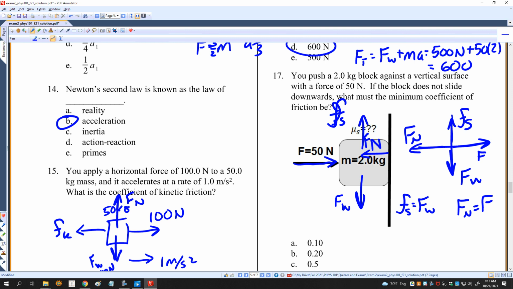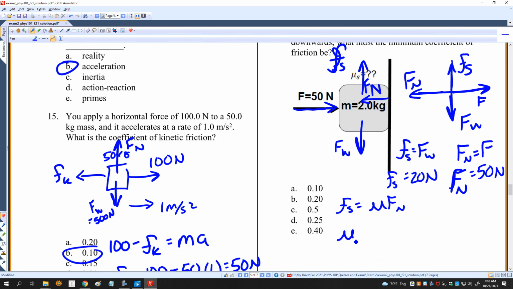So Fs, in order to hold this block up, has to equal 20 newtons, and Fn is equal to 50 newtons. Then I know that Fs equals mu times the normal force, so I'm looking for mu, just 20 over 50, or that's 0.4.